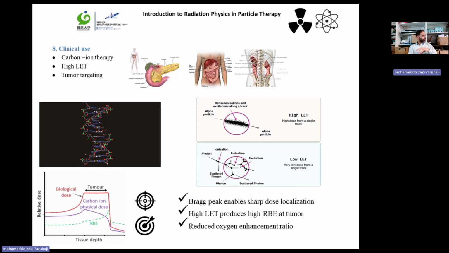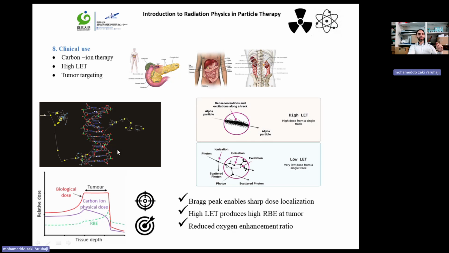Although the disadvantage of the fragmentation tail is there, we still have many different ways to not make it very dangerous. First, we know carbon ions are very accurate. We know how far they will travel.